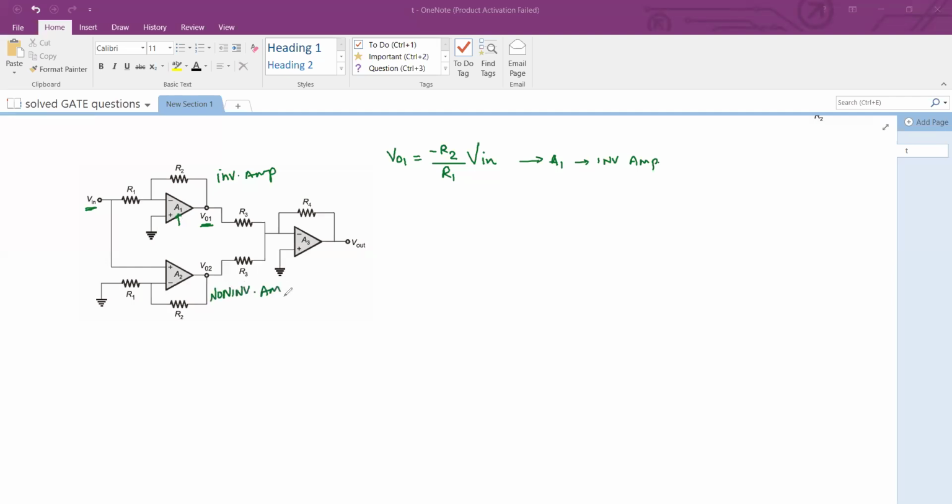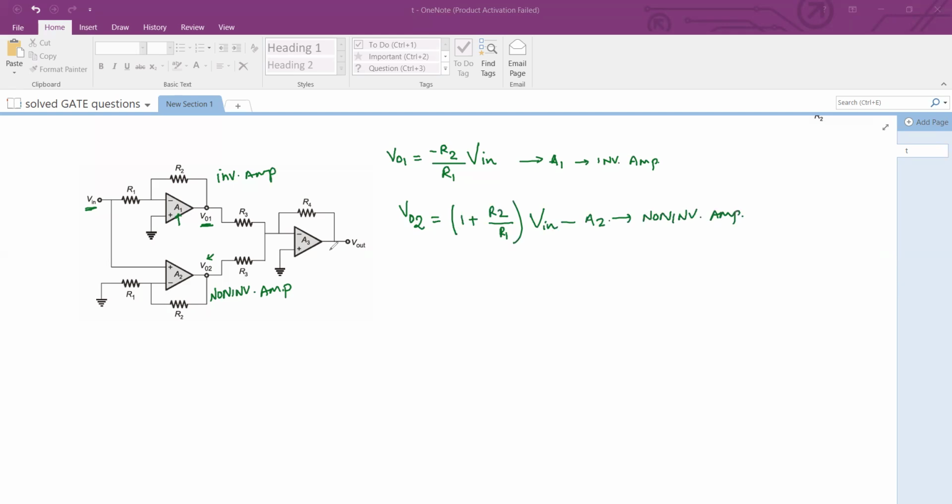From basic theory, the expression for VO2 at this node is again the gain multiplied by the input, where the gain is 1 plus R2 over R1, multiplied by V in. That is for the stage A2, which is a non-inverting amplifier.